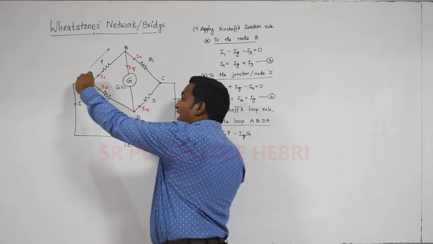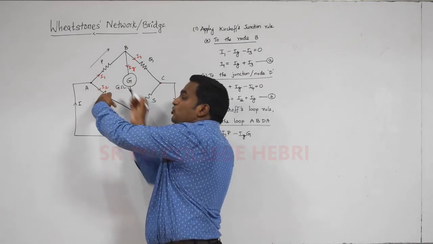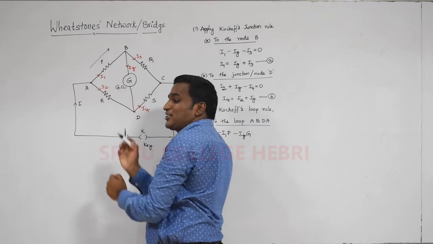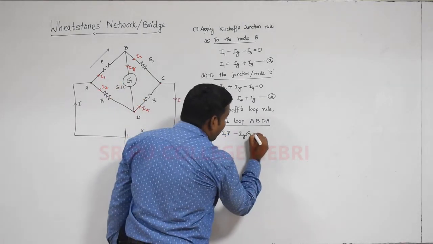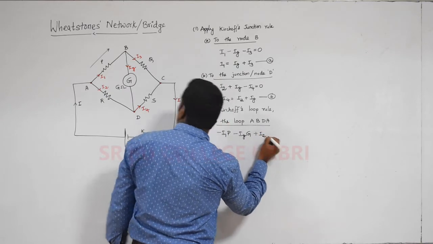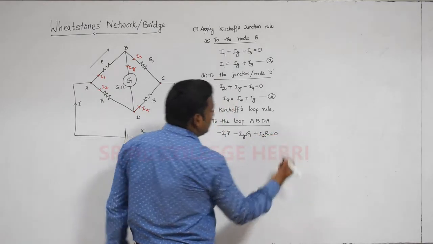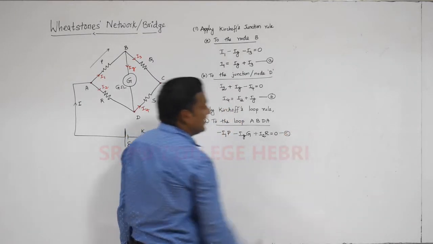And remember, direction of current like this, I am moving from D to A, opposite to my path. Opposite to my path, you have to take product of current and resistance should be positive. Automatically it becomes plus I2 into resistance is R. That should be equal to 0. There is no cell. And again, I call this one is equation number C.